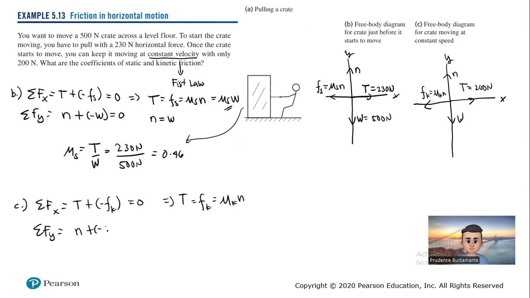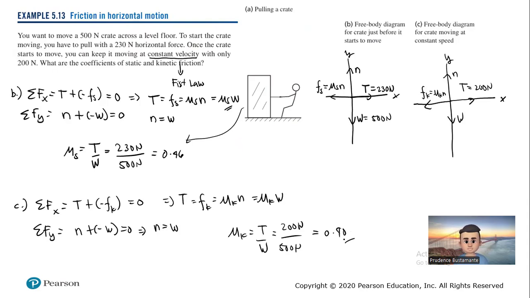Along Y, the normal force minus the weight is 0, which implies that the normal force is equal to the weight. Therefore, this is equal to mu sub K times the weight. So therefore, mu sub K is equal to the tension over the weight. So in this case, you only have 200 Newton over 500 Newton. So 0.40.